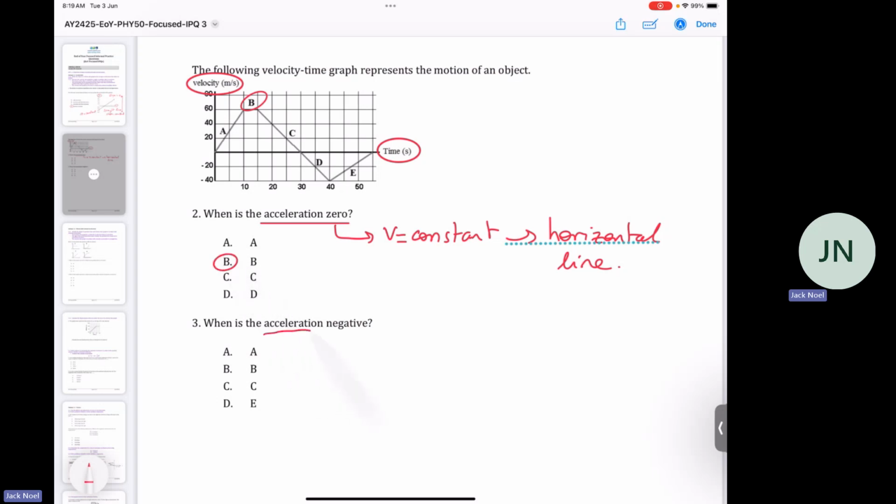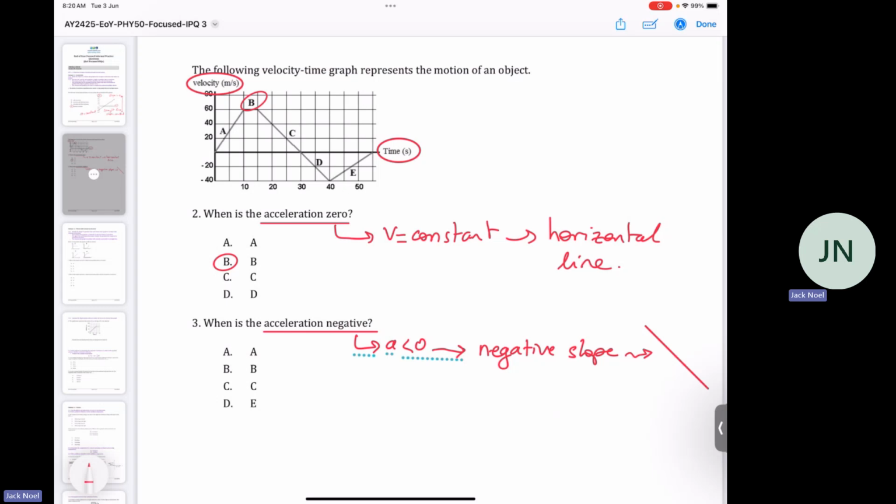Now, they're asking about negative acceleration. Negative acceleration means that we have a negative slope. Negative slope means that the line should be something like this.